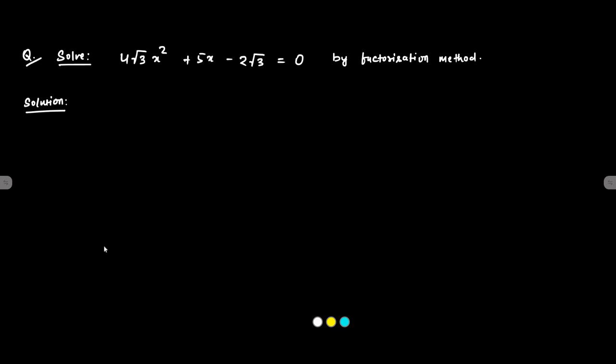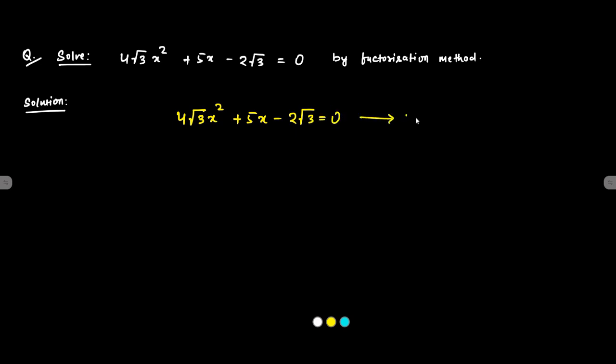It is given 4 root 3 x square plus 5x minus 2 root 3 is equal to 0. We have to solve it by factorization method. So first we'll write the quadratic equation: 4 root 3 x square plus 5x minus 2 root 3 is equal to 0.